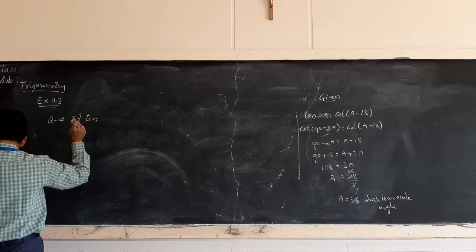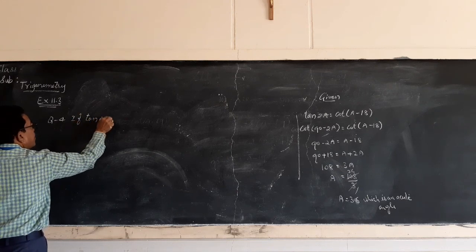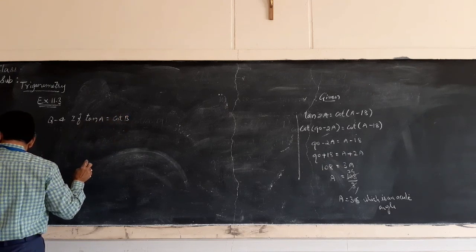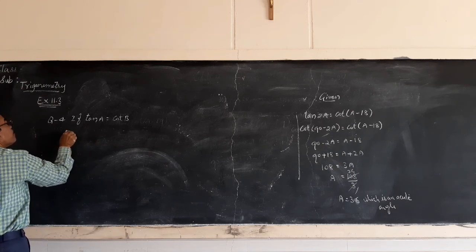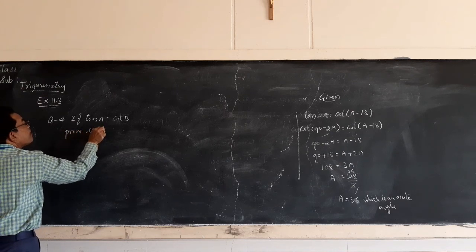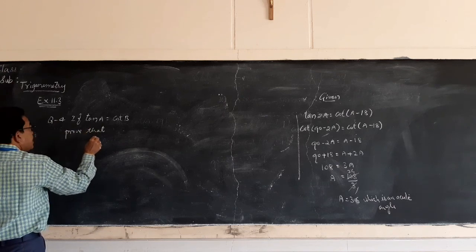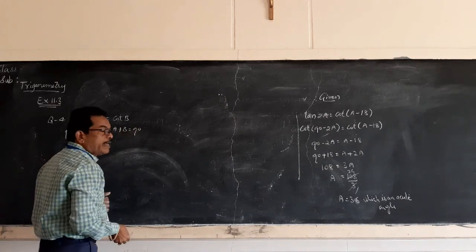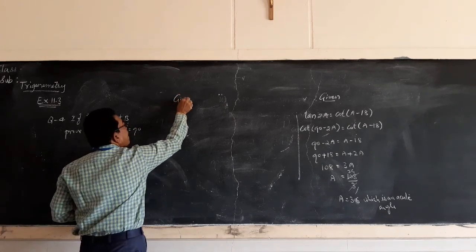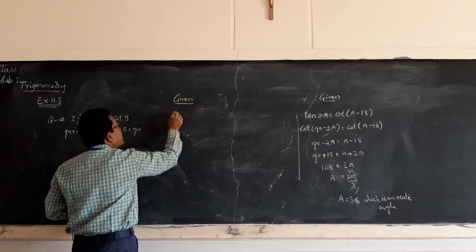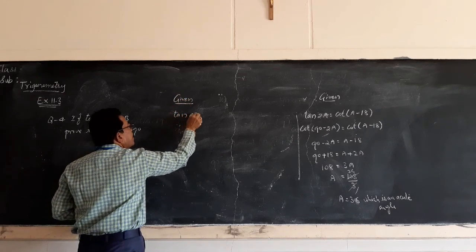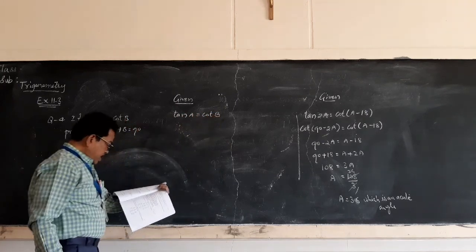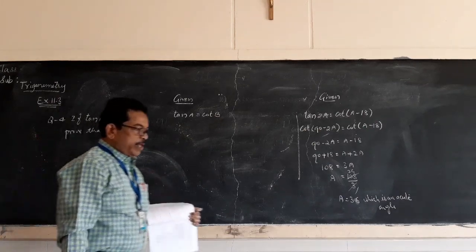If tan A equals cot B, prove that A plus B equals 90. Say given tan A equals cot B.